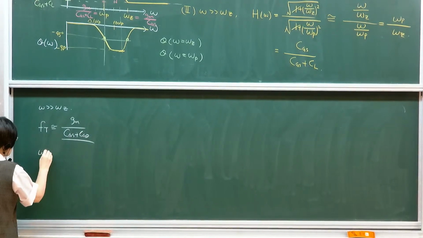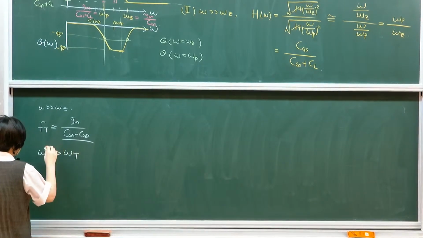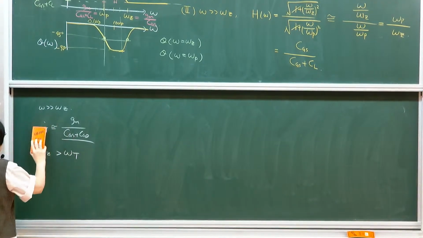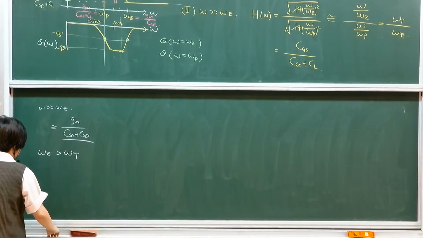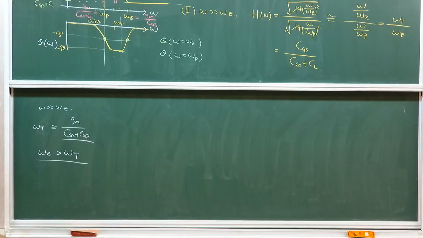So my omega is larger than omega t, just to be consistent. That simply means that you already don't see the effect of the transistor.